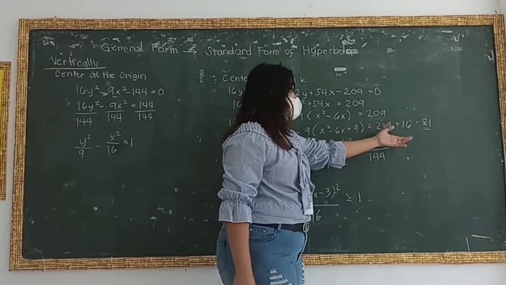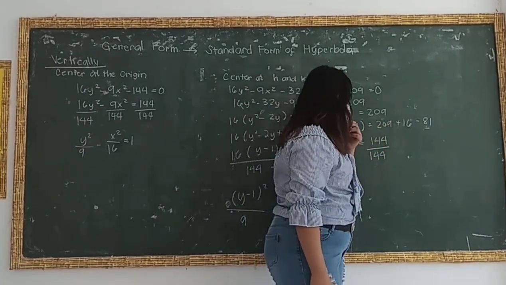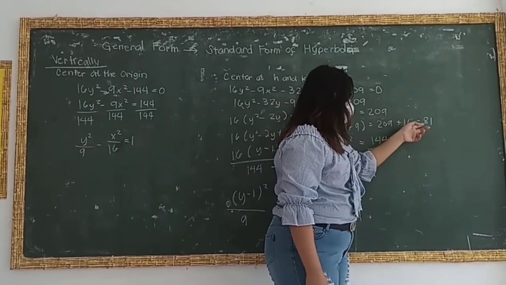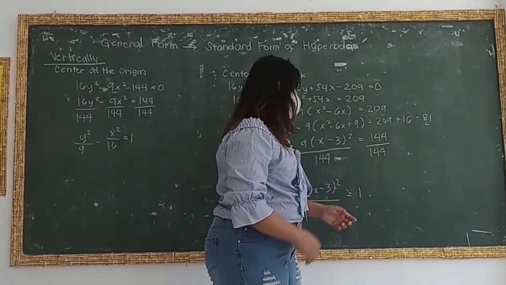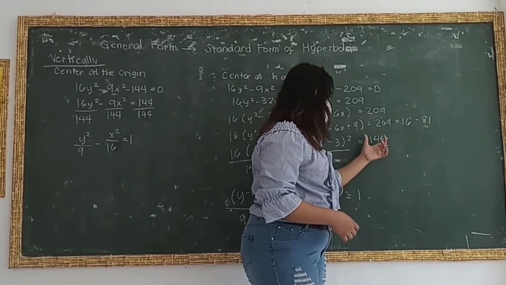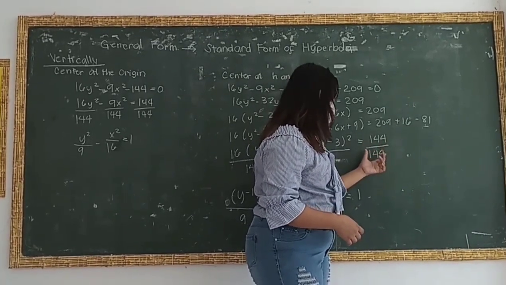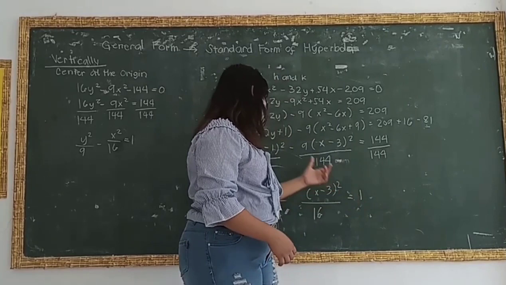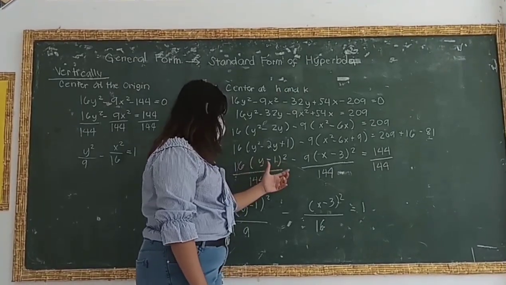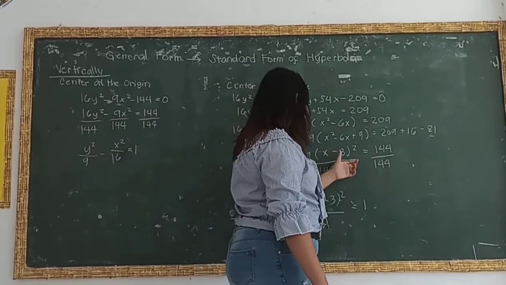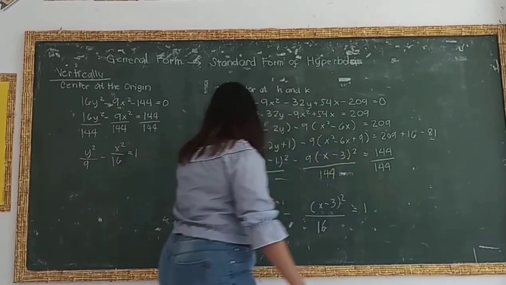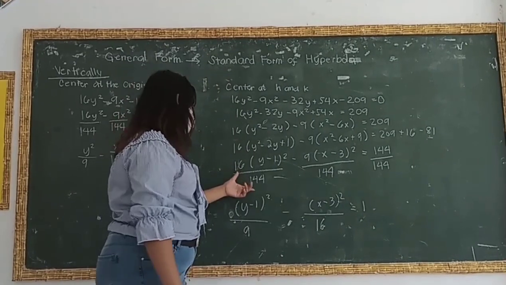Then let's simplify. 209 plus 16 minus 81 is equal to 144. Then let's divide it by itself again, so 144 divided by 144 is equal to 1. 16 quantity of y minus 1 squared minus 9 quantity x minus 3 squared. Then let's divide it by 144.